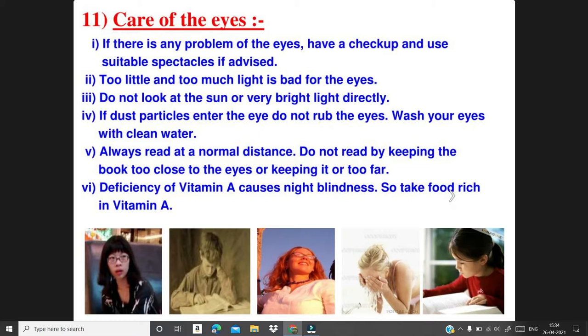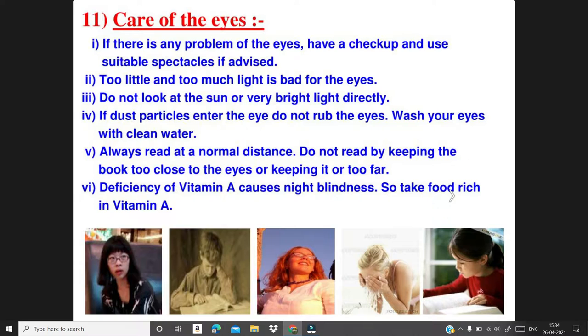Now let us come to the topic care of eyes. We should obviously go to the doctor and get our eyes checked. Right now COVID time is going on, so we should not go. But yes, our eyes should be checked by a doctor at regular periods.